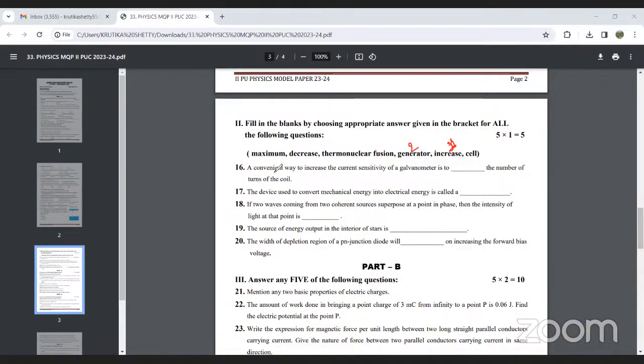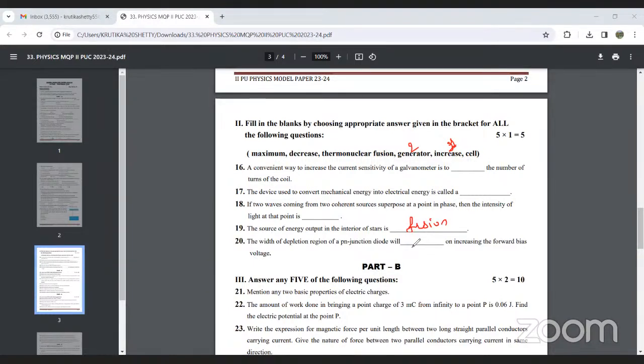So you have maximum, decreases. Correct? Yes, it is maximum. Okay. So as you said, 19: the source of energy output in the interior of the stars is thermonuclear fusion. Yes, it is fusion. Correct answer.